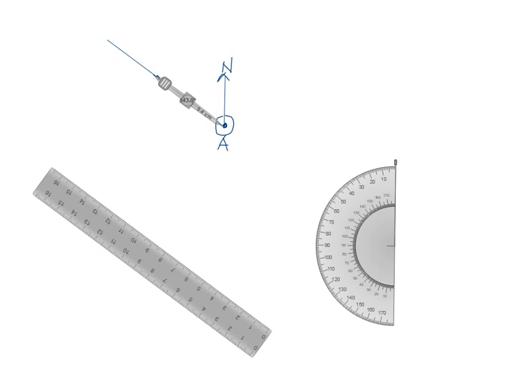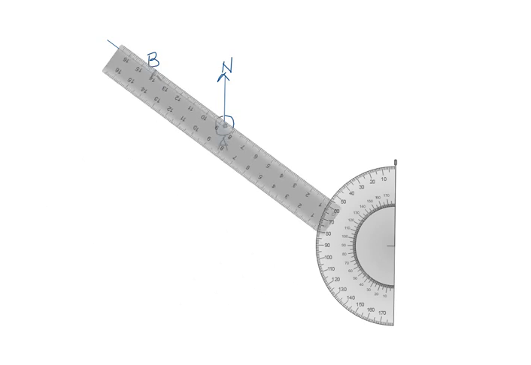So we have 5.3 centimeters. We mark that point and label it village B. So now we have village A and B, and we need to locate village C.